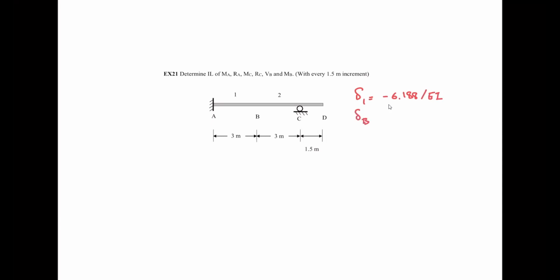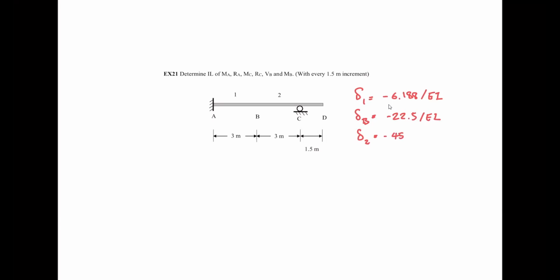Delta B is minus 22.5 over EI. Delta 2 is minus 45, same line.